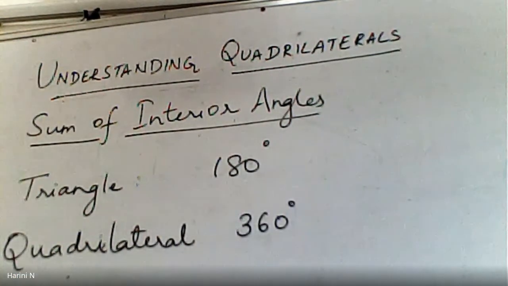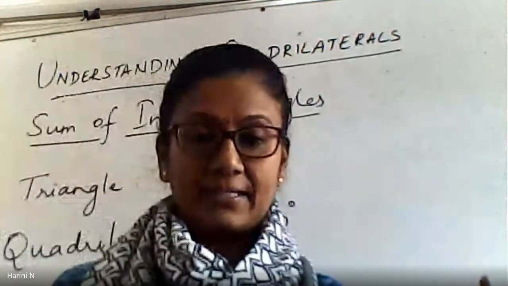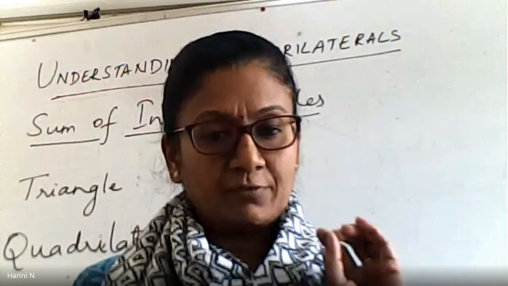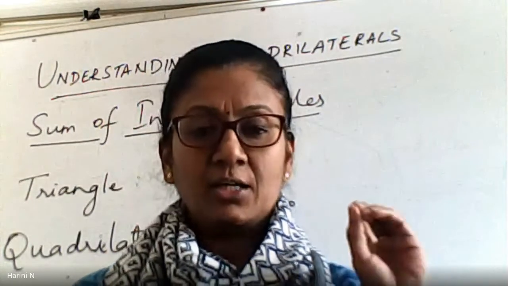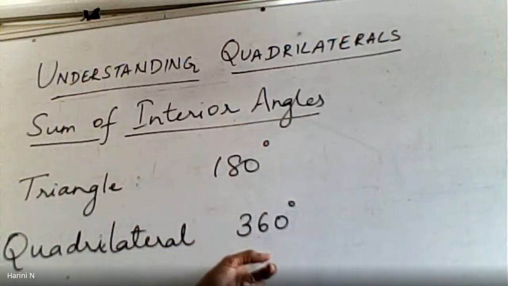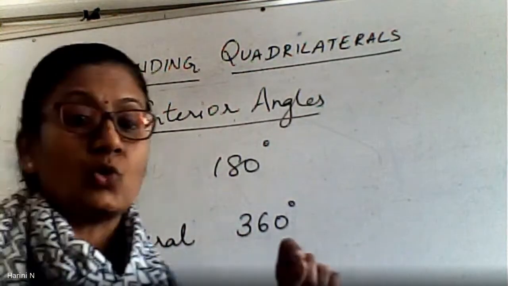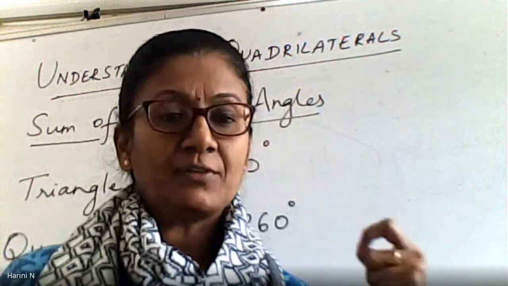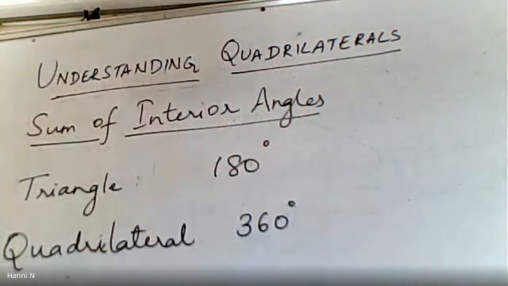Now we can further go and verify it for a pentagon, hexagon, heptagon, etc. But that is not a part of our activity. I told only for the quadrilateral we will verify that the sum of the interior angles is 360 degrees. But also in the video I have discussed how you can find the sum of the interior angles of any n-sided polygon.